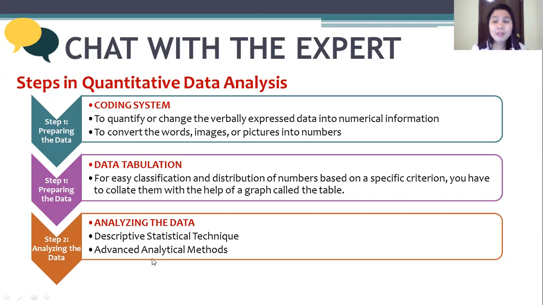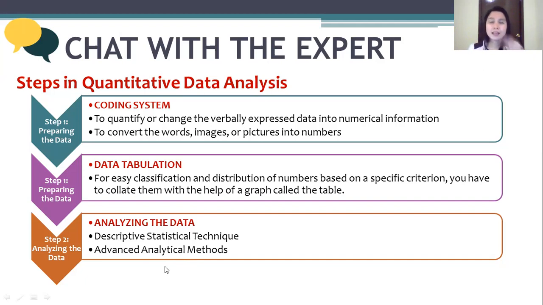But in the other one, in the advanced analytical methods, we start to make predictions. We check the relationship between the 2 variables. For example, is there a relationship between sleep quality and academic performance? With that question, when you check relationships, we use the advanced analytical methods.